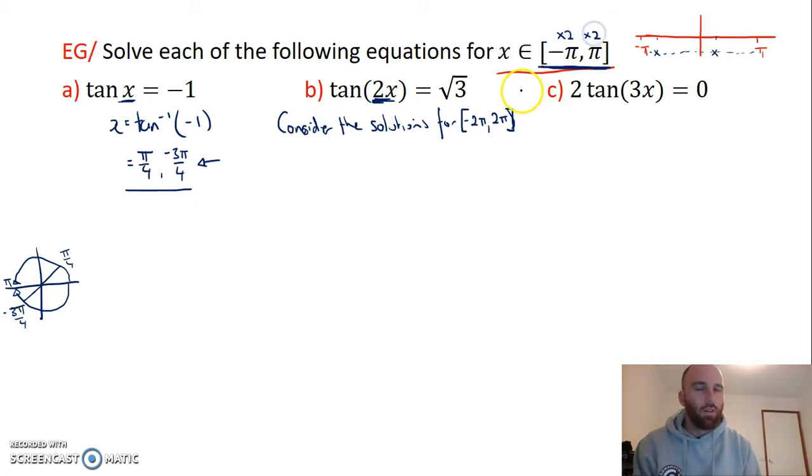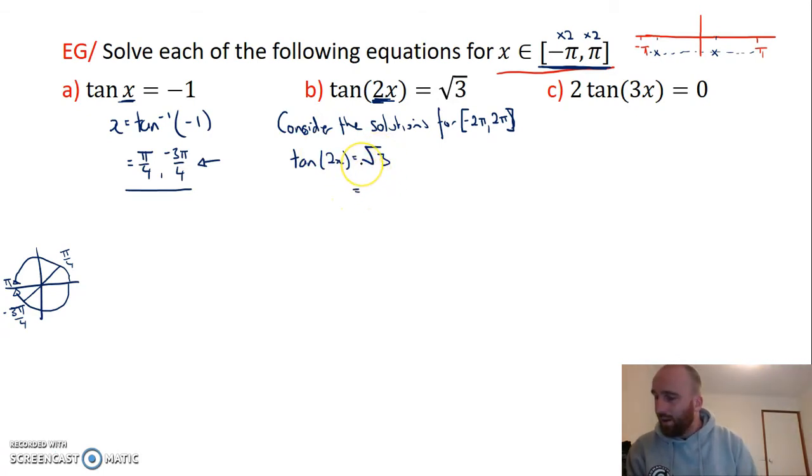So if we have tan 2x equal to square root 3, we refer to the handout to find where square root 3 is a tangent value. In the tan column, we find that it's pi on 3, so 60 degrees. That's the first value, and that's still equal to 2x.